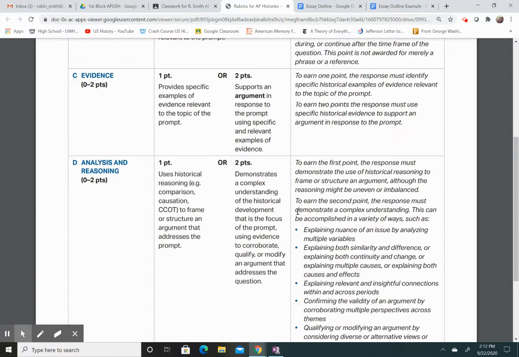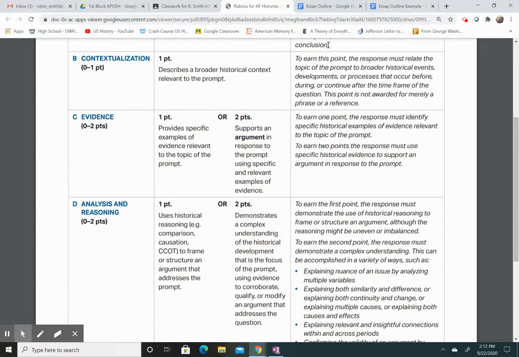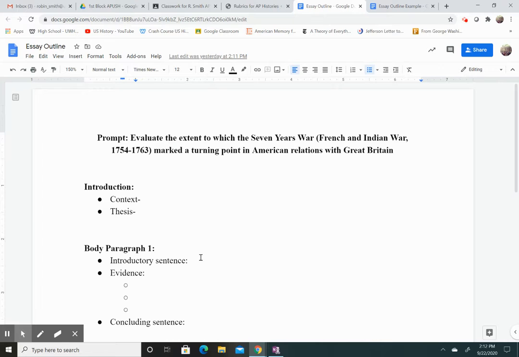So for example, if I was doing this prompt and I had a thesis statement, I might say, okay, so the French and Indian War does not change the mercantilist relationship between the colonists and the British, but it does create new taxes that are placed on the colonists, which eventually create the movement that leads to the Revolutionary War.